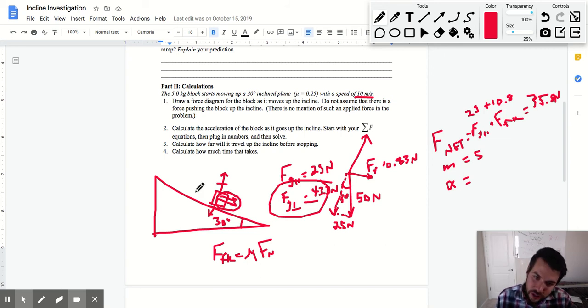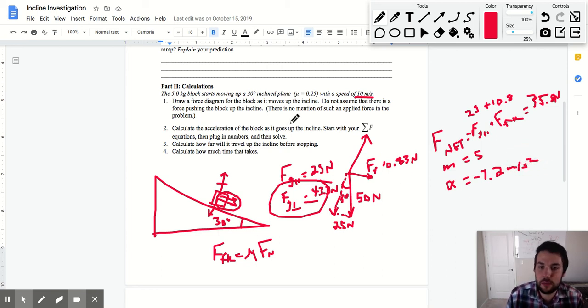That means acceleration is in the opposite direction, so I'm going to make sure I remember that that is a negative value. That would be unfortunate to forget, so make sure you remember that component of the situation. Divide that by 5. My acceleration is negative 7.165 technically, but negative 7.2 meters per second squared.